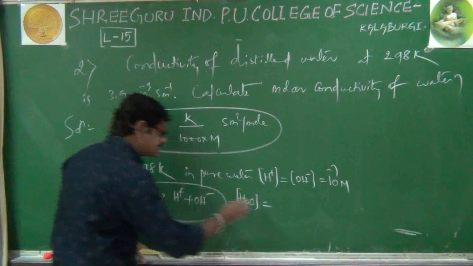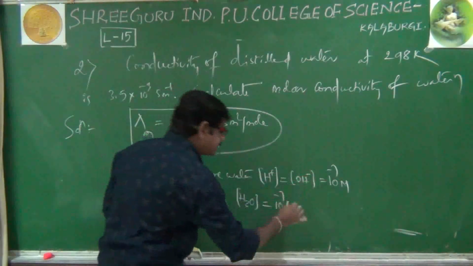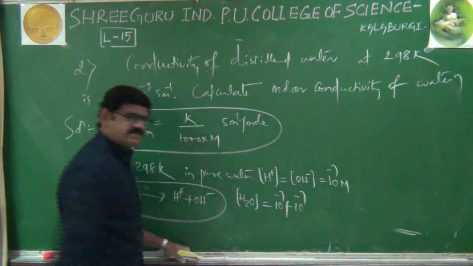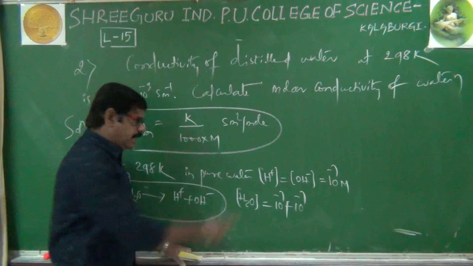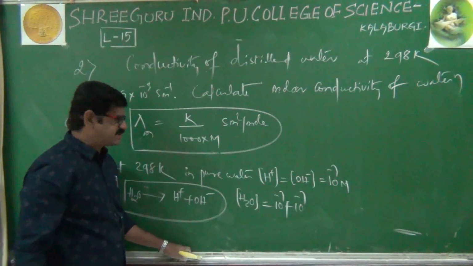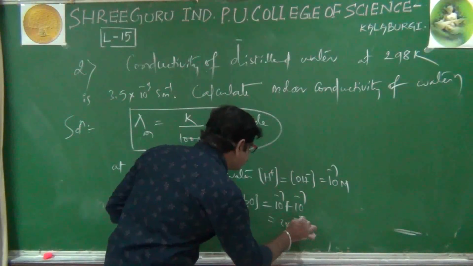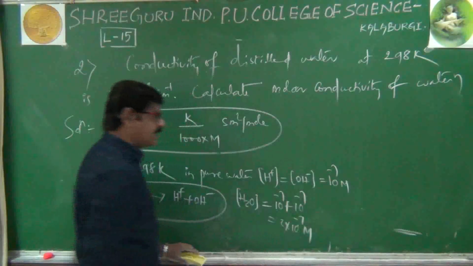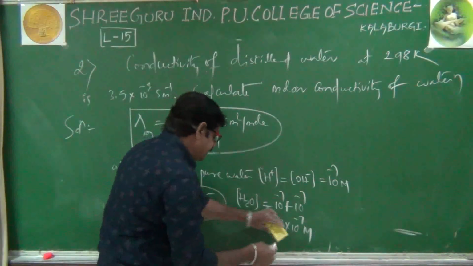See here, H plus concentration is 10 to the power of minus 7 plus OH minus concentration is also 10 to the power of minus 7 only, because in water both ions are present. Just add them. You will get 2 into 10 to the power of minus 7 molarity. That's it. That is H2O molarity.